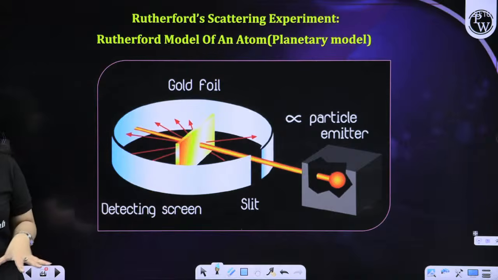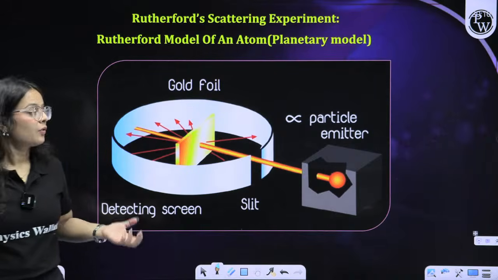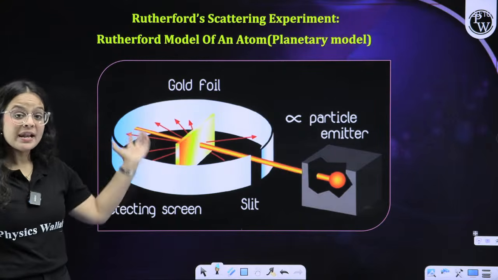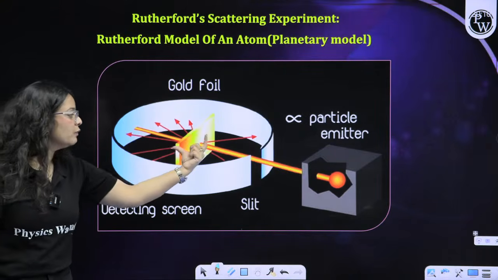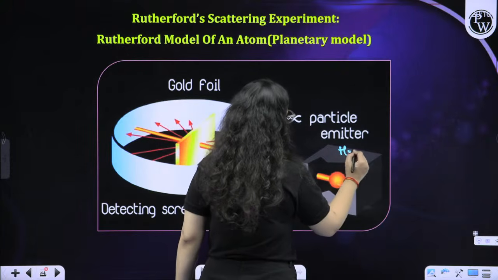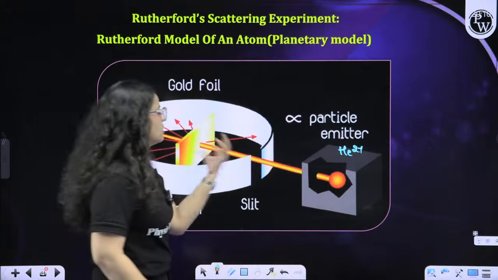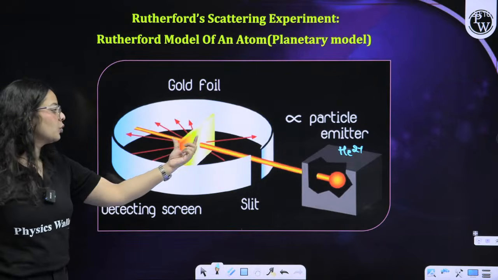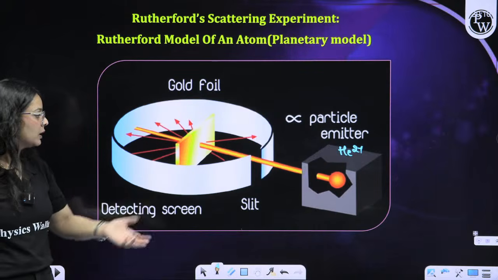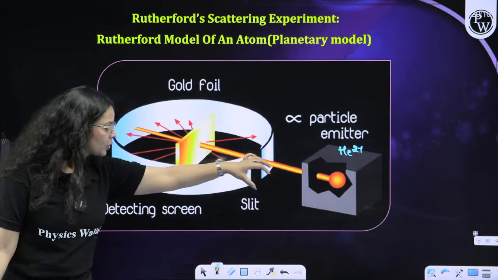Moving on to the next model, that is the Rutherford model. Rutherford gave a very good explanation about the planetary model, where a gold foil was taken, and over that gold foil alpha particles, that is helium 2 positive nuclei, were bombarded. What were the observations? Alpha particles were striking the gold foil.